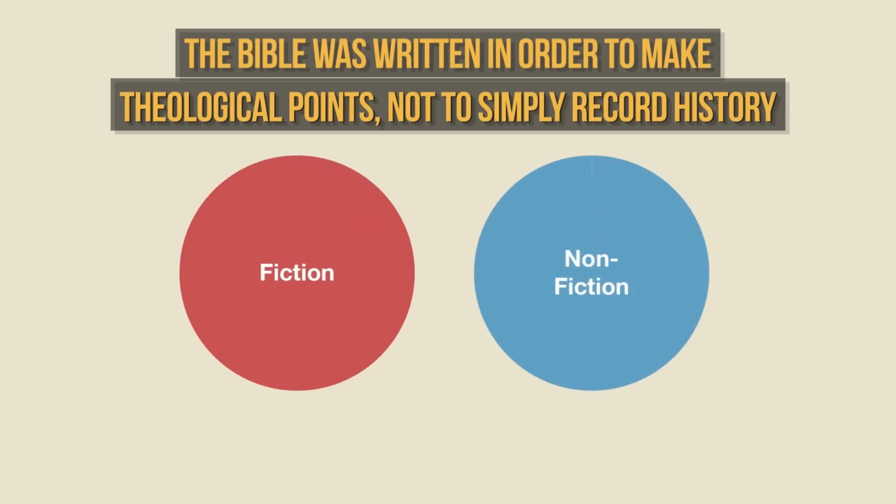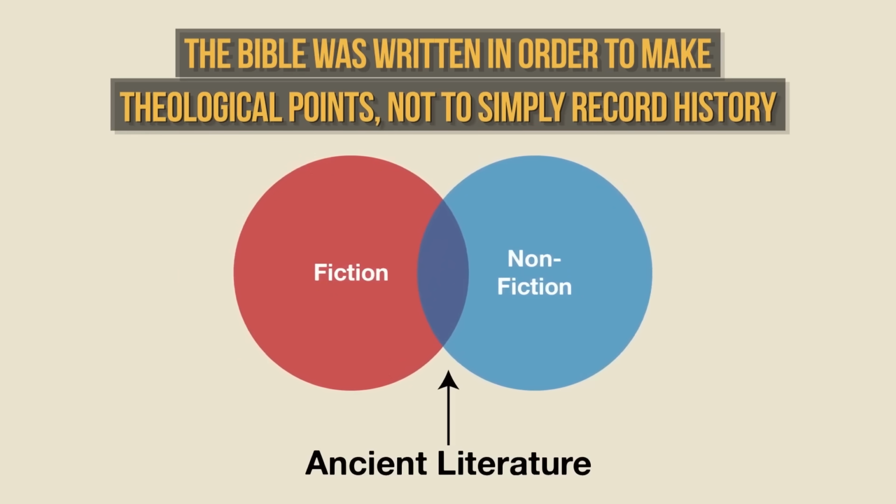But ancient people didn't do this. Instead, they mixed the 2, especially when talking about topics that are difficult to explain, like anything to do with God or theology. The word theology simply means the study of God.